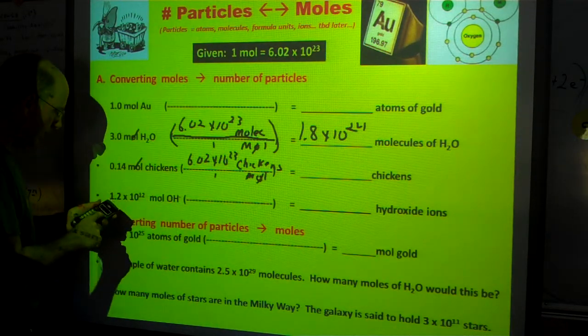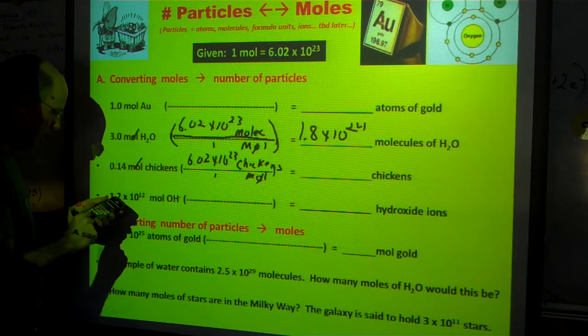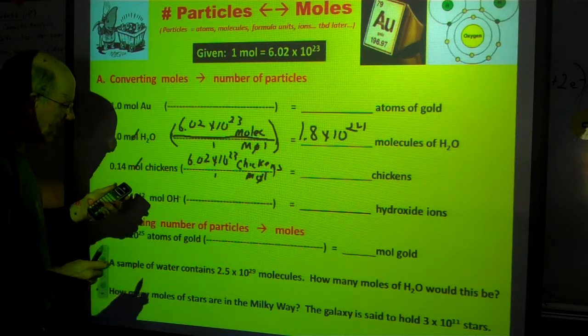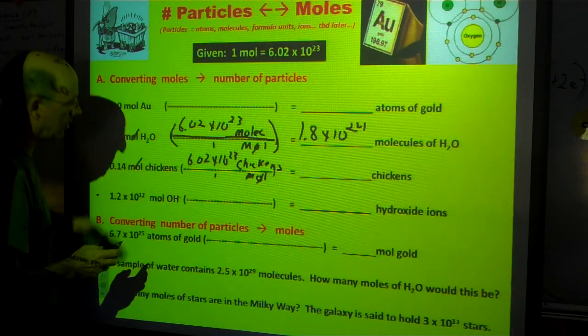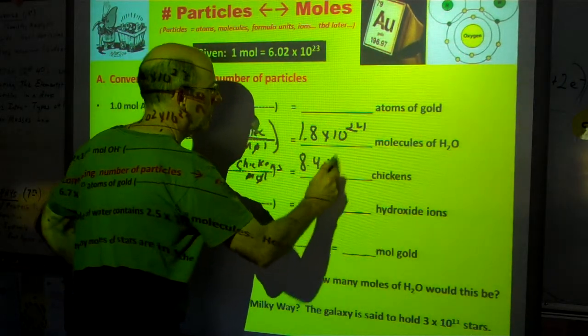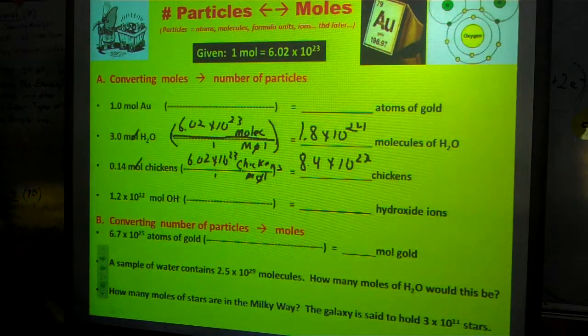So you plug in 0.14 times 6.02 EE 23, and your answer is 8.4 times 10 to the 22nd chickens. A lot of chickens. Fill up half of the solar system with chickens, something like that.